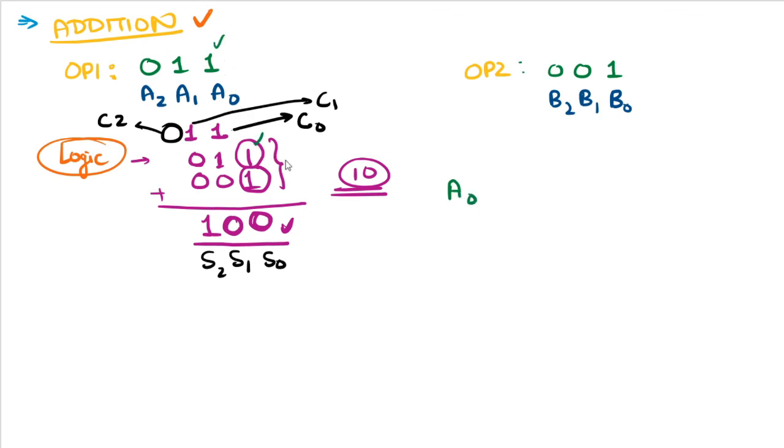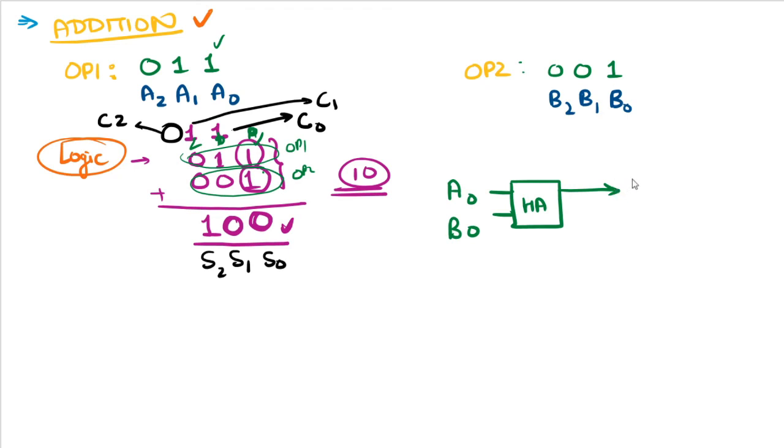This entire thing is operand 1, this is operand 2, and this is the 0 index, this is the 1 index, this is the 2 index. So A0 and B0, let's pass these two via a half adder. So what will we get?